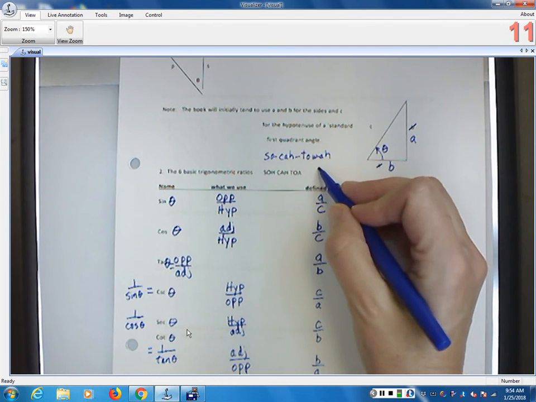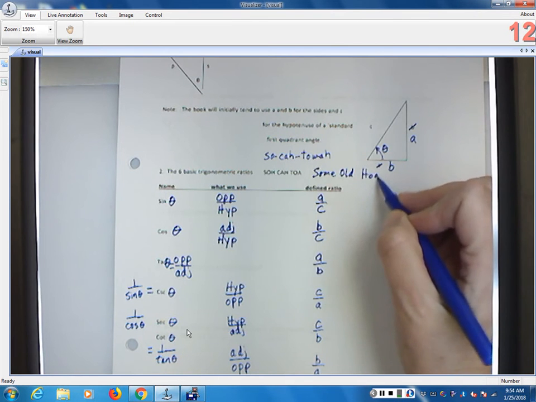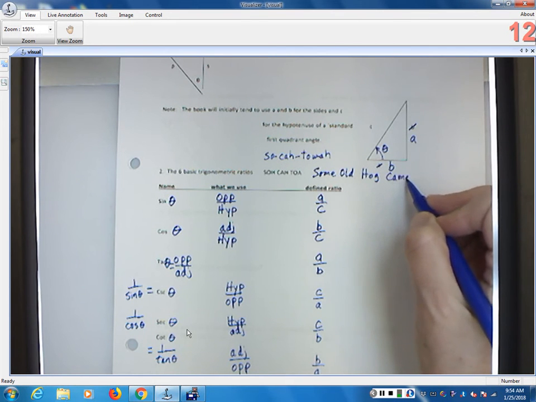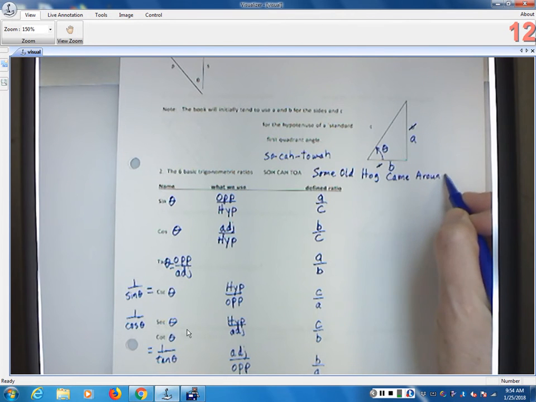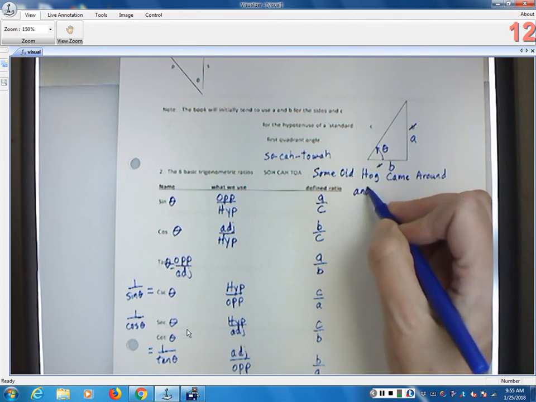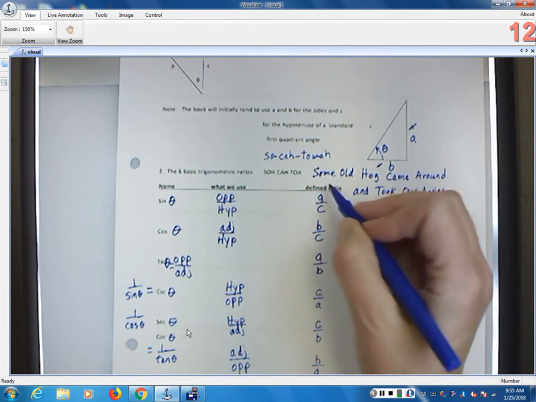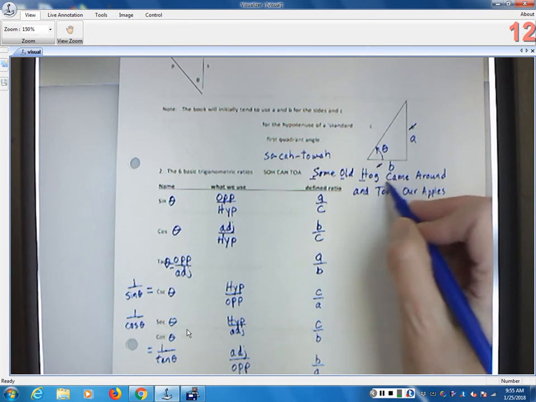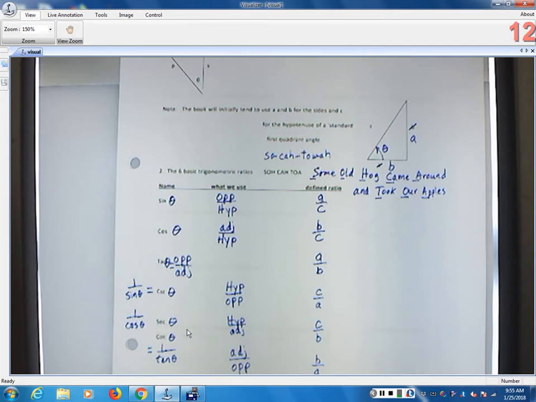I'm going to write down the some old hog came around and took our apple. It's a way to remember this. The "and" is not one of the letters. So that's the right triangle.